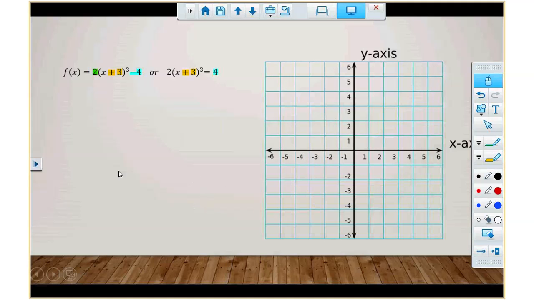Can you do this one? It's a cubic function. Yep, basic model looks like that. So what does that mean? It means we're going to move over to the left, and 4 down, and what? So it should be right here.